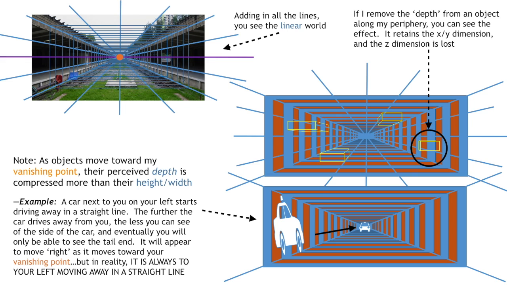Also, it will always appear to move to your right, even though it started out to your left, because it's moving towards your vanishing point. But in reality, it's always to your left, moving in a straight line away from you. But it will appear to be moving towards your right, or towards your center of view.